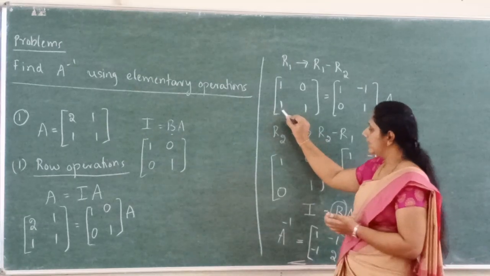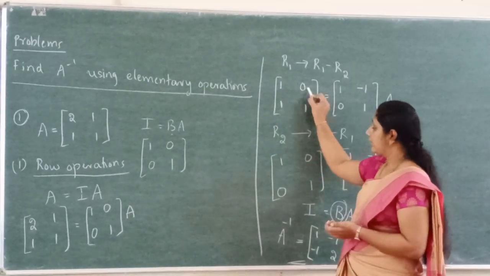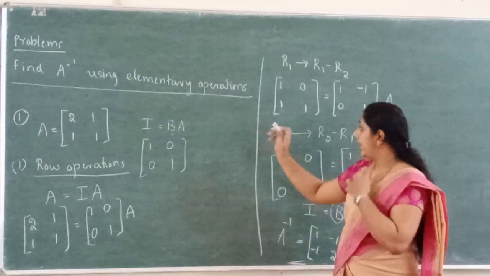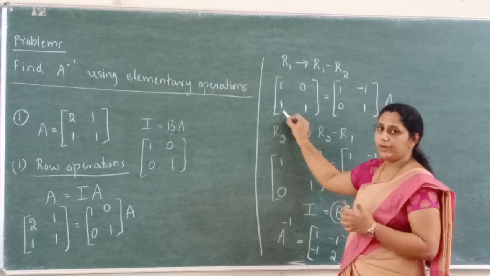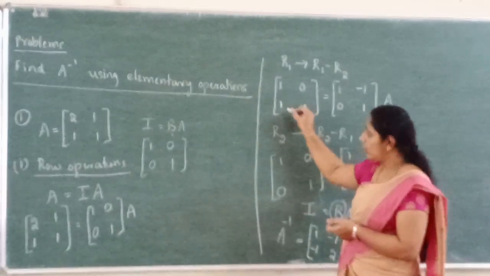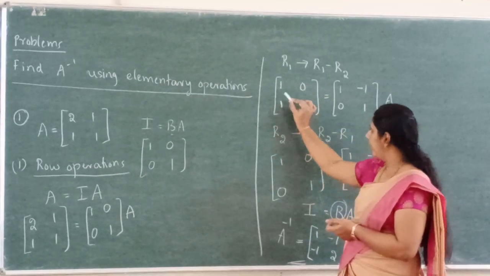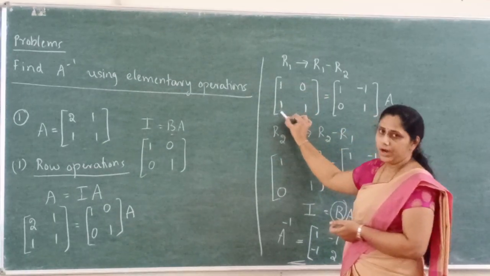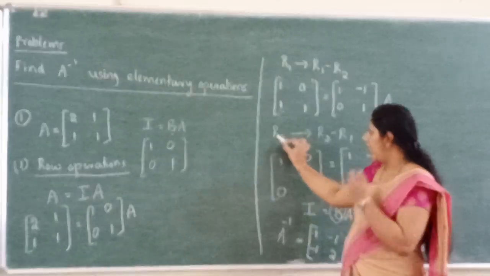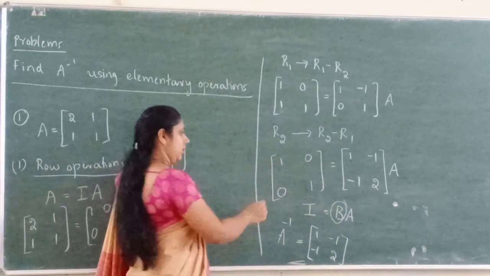Now again compare this matrix with the identity matrix. The first row is already exactly similar to the identity matrix. Now we have to change the second row first column element to 0. So we have to change the element of R2. So if I subtract R1 from R2, we will get exactly the same element. So R2 goes to R2 minus R1.